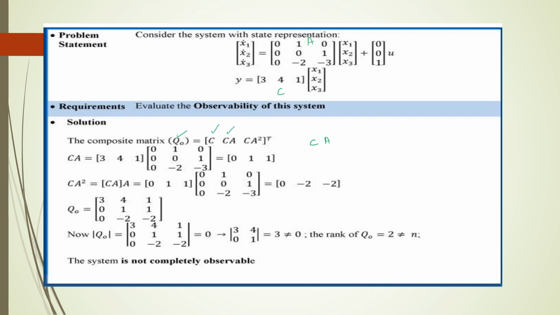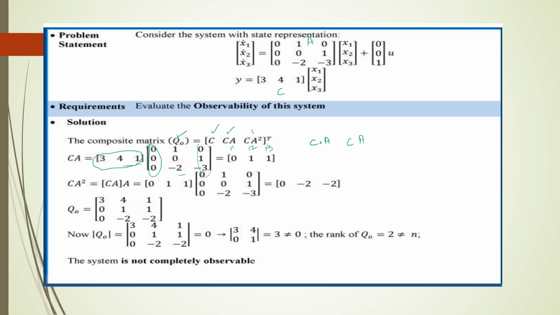So C dot A. This is the C value and this is the A value. The first row with the first column will be filled out here, the first row with the second column here, and the first row with the third column here. So now we got CA.